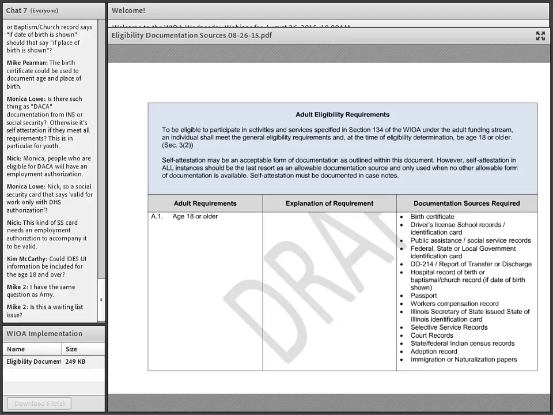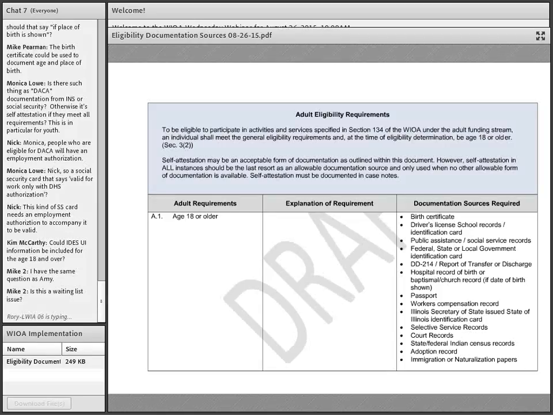If we think those are legitimate to use, then we'll add those to this list to say if you want to use these to verify, that's acceptable. So just because we're not answering, we are seeing all the questions. We want to move along. If we don't answer a question, we'll answer it through follow-up guidance and the policy.